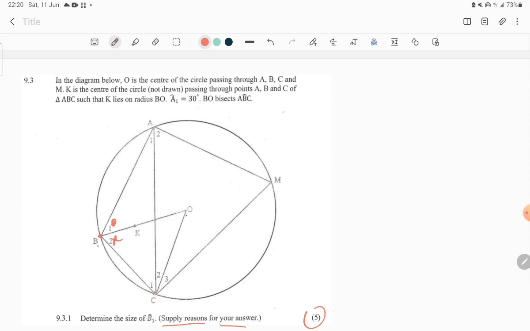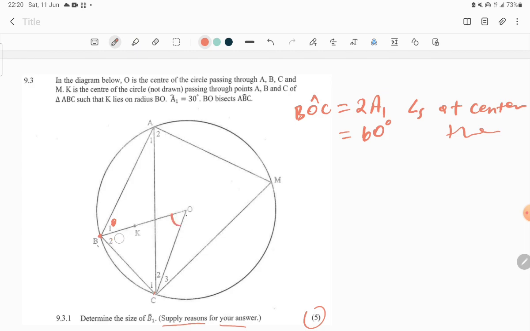But we need to know that BOC is the same as 2 times A1. This is the angle at center theorem. So that makes it equal to 30 times 2, which is 60 degrees. So this angle is equal to 60 degrees.